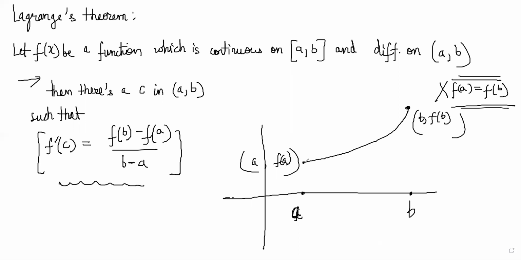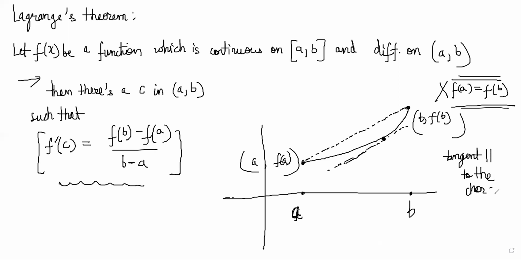What is the statement really saying? That there is a point c in the interval where the slope of the tangent at that point is equal to the slope of the chord joining the endpoints. There will be some point where the tangent is parallel to the chord.